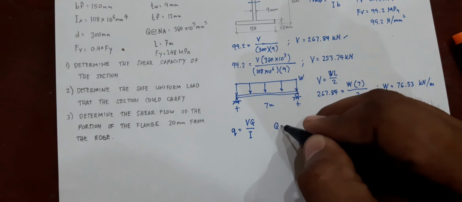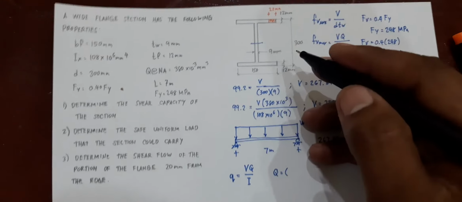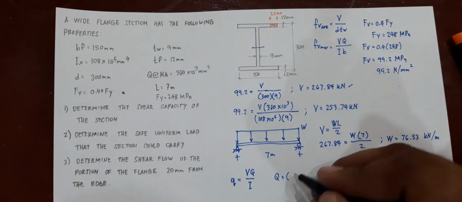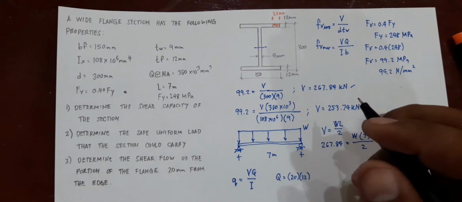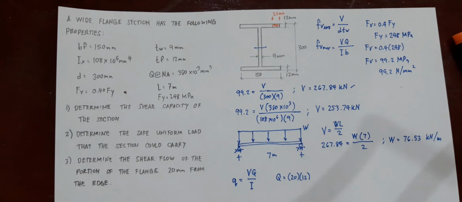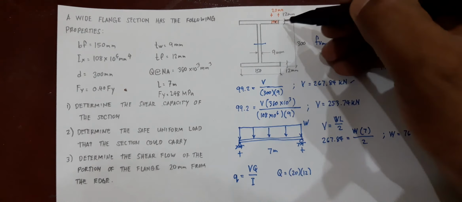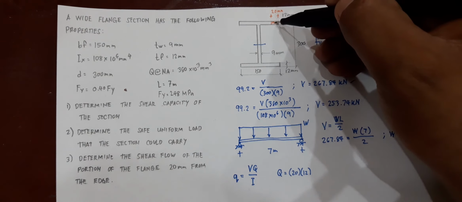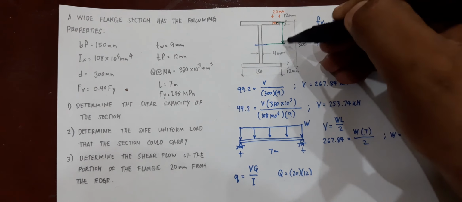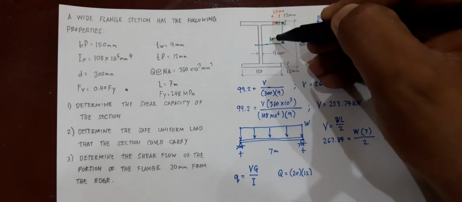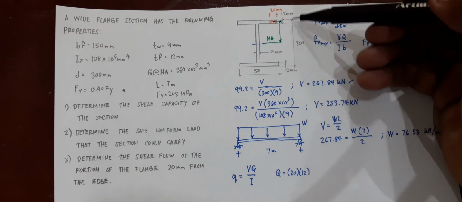So calculating for Q, Q is equal to the width of this portion, that is 20, times the thickness, that is 12, and then times its lever arm. Lever arm would be taken from the centroid of that particular portion with respect to the neutral axis. So you have here 300.